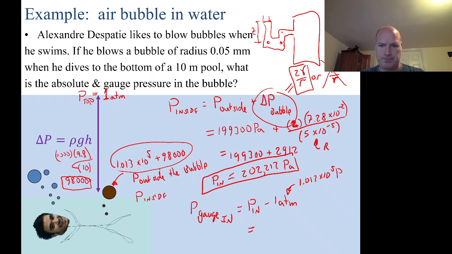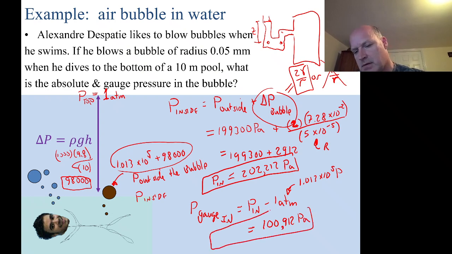What do we get? 202,212 minus 1.013 exponential 5 equals, I get 100,912 Pascal. Pressure in gauge.